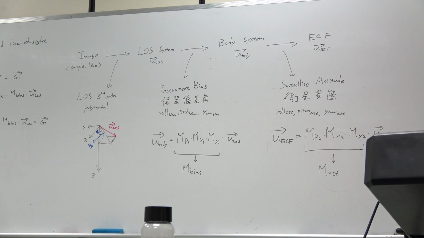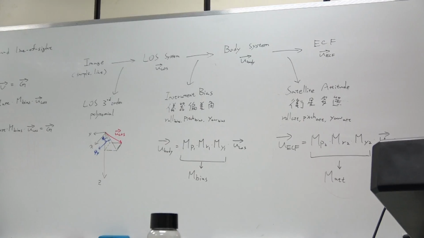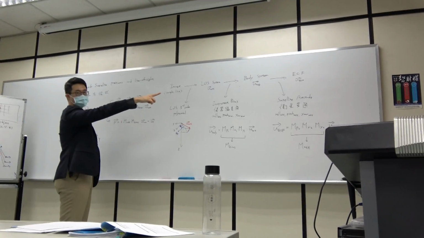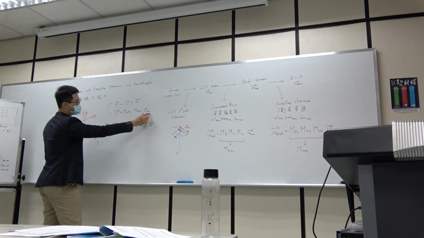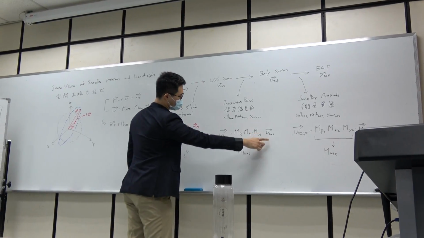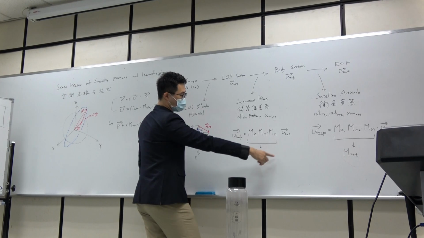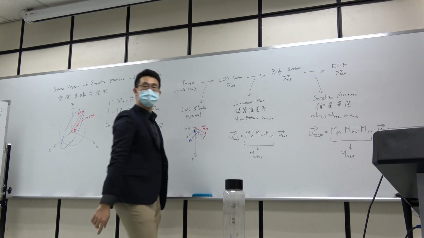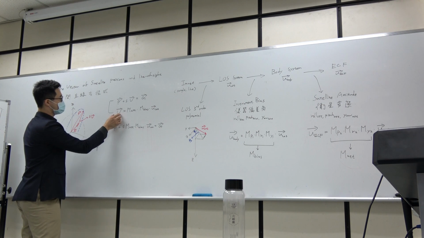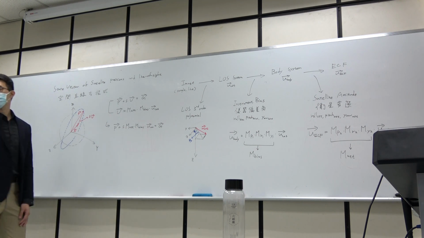I believe you guys can see it. This U is actually the U ECF I wrote over there. Because as you can see, U line of sight multiplied by M bias, and then multiplied by M attitude, and then you have the U ECF, which is this large U vector over here.